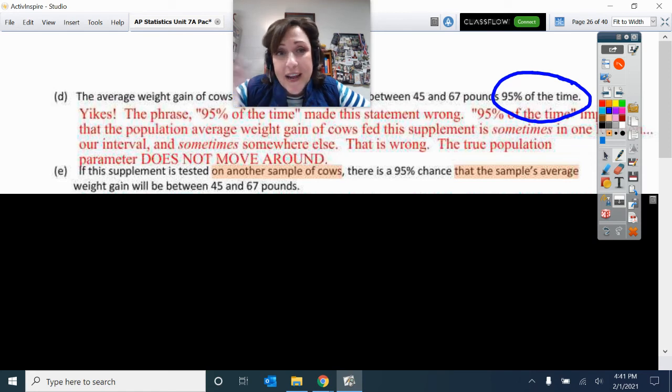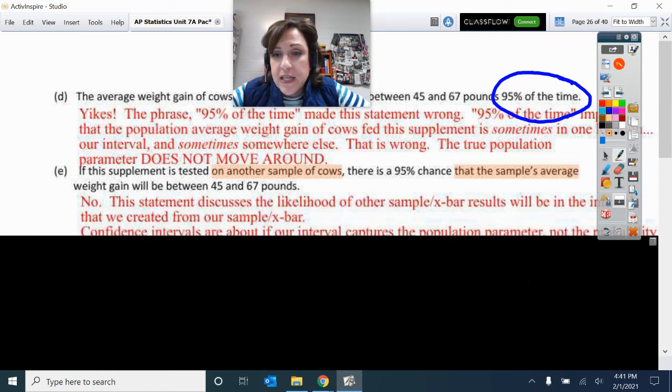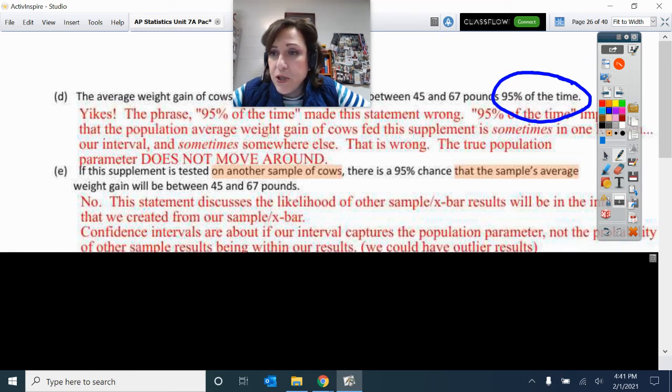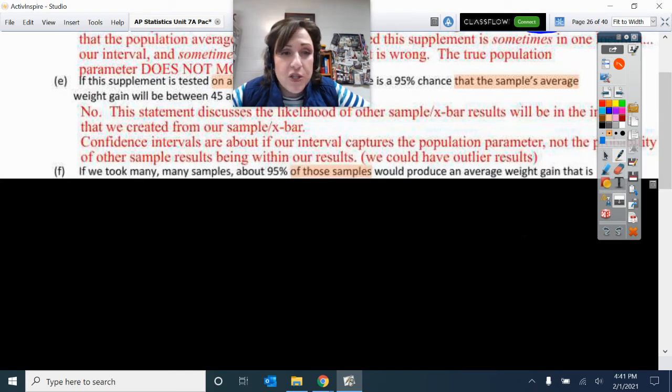Because remember, I could have that outlier interval. No, not about other samples, not about other individuals being in the interval I got. This statement discusses the likelihood of other sample X bars being in our interval. Confidence intervals are about whether our interval captures the true population parameter, not the probability of other samples being in there.